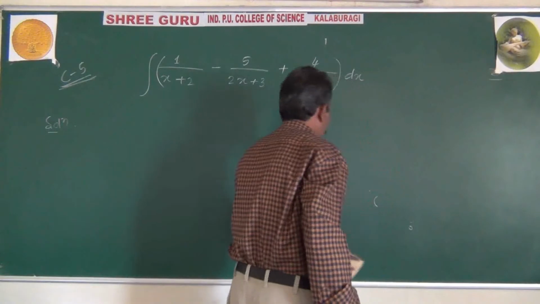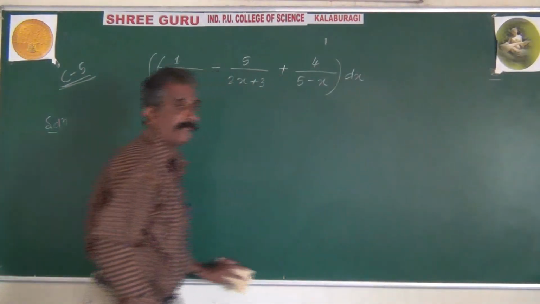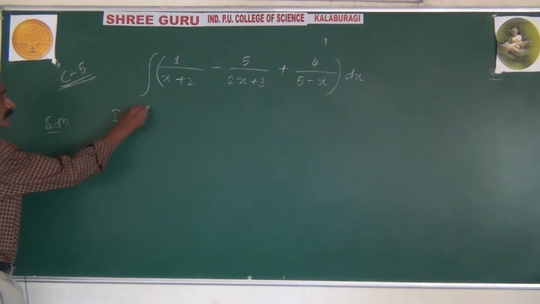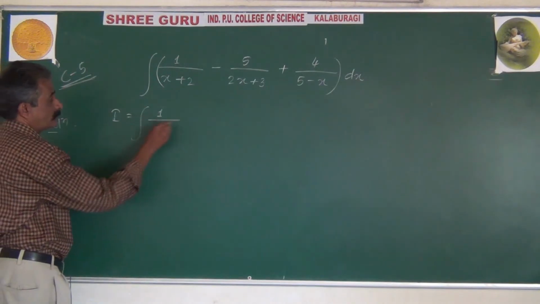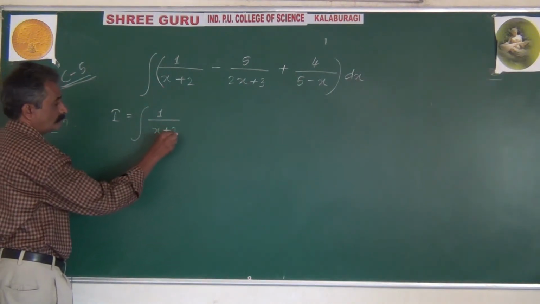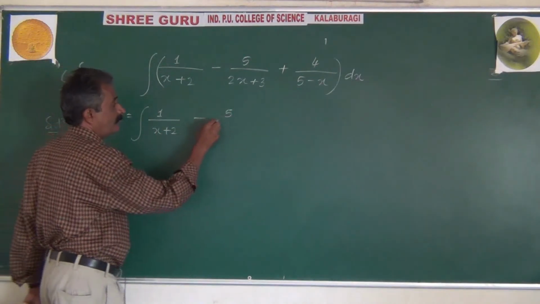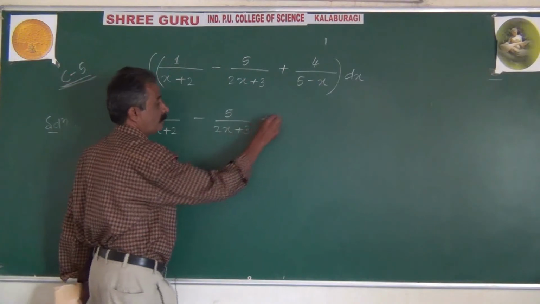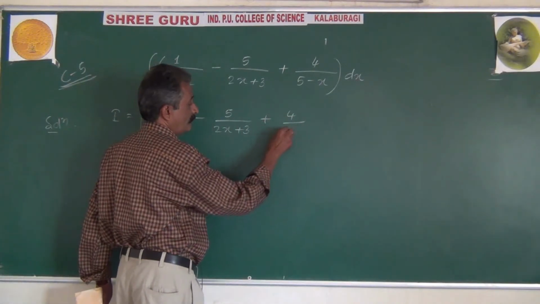Take I equal to the given problem. Let I equal to the integration of 1 by x plus 2 minus 5 divided by 2x plus 3 plus 4 divided by 5 minus x.